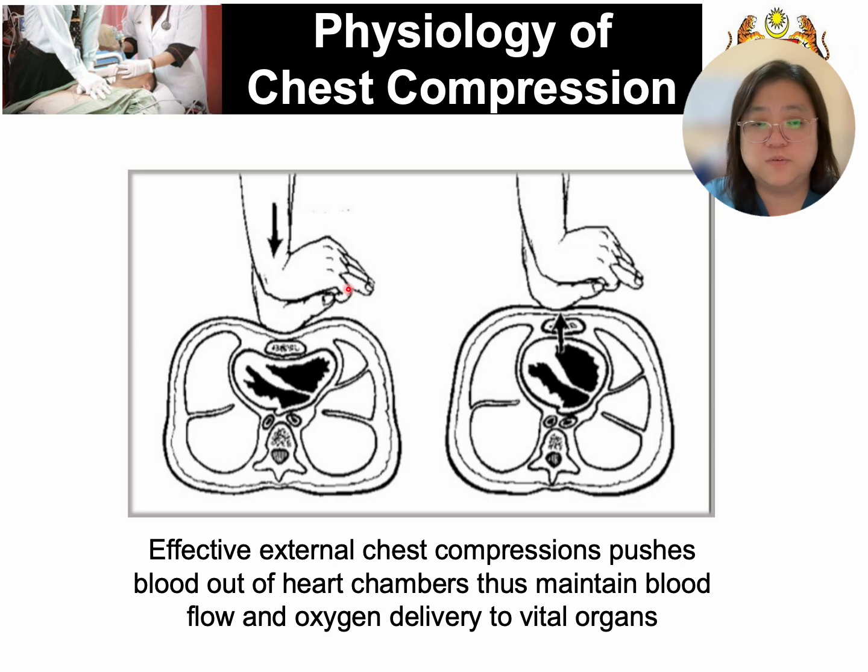So with continuous pushing down on the chest and releasing, blood goes out and comes back to the heart, which is what maintains the blood flow and oxygen delivery to the vital organs. Okay.